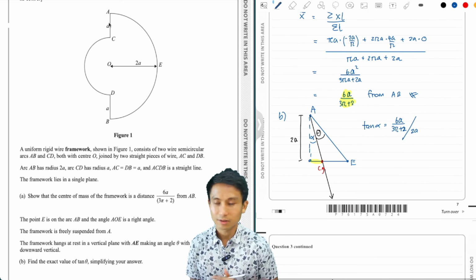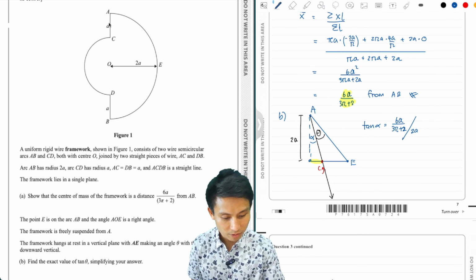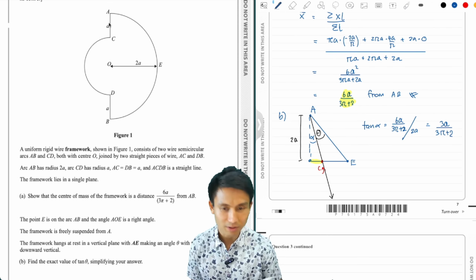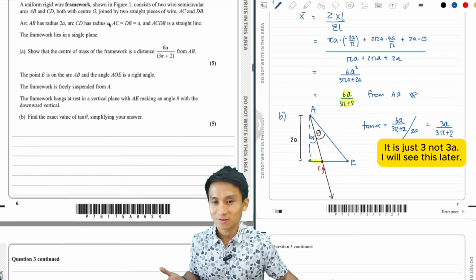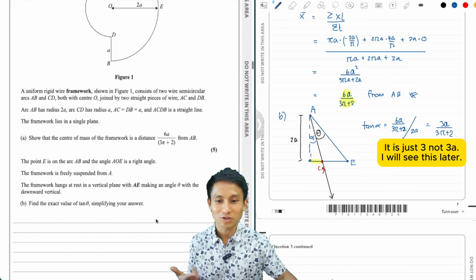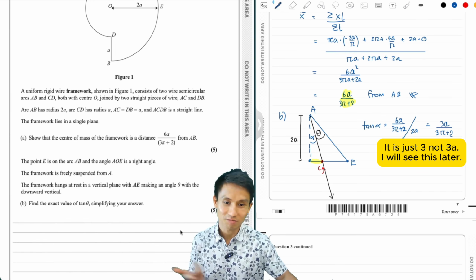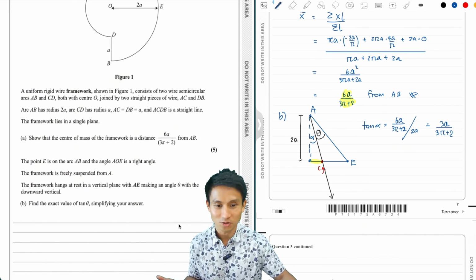All right. So if you cancel the 2A with the 6A, you get 3A over 3 pi plus 2. So if the question only asked for this, then this question would have been just 2 marks. But it's 5 actually, so there's something more to it.